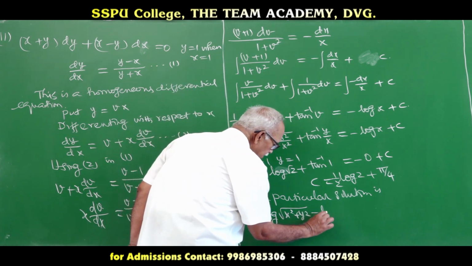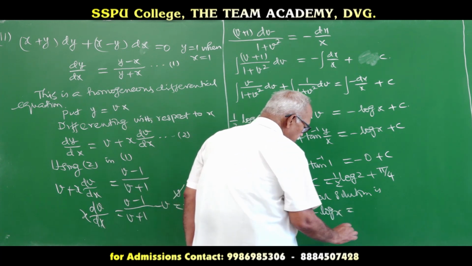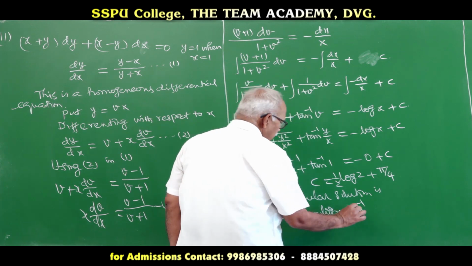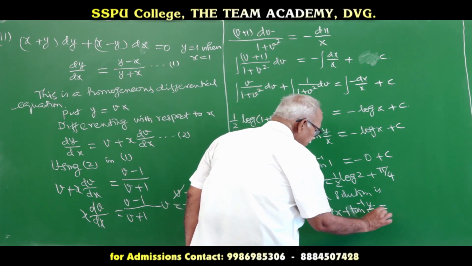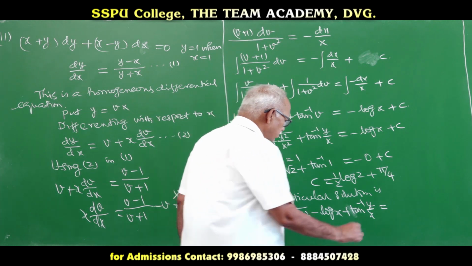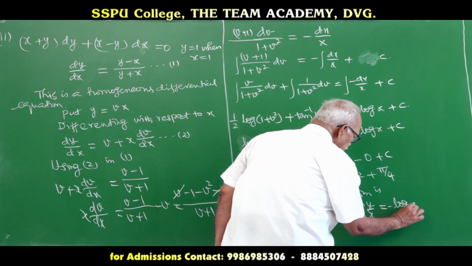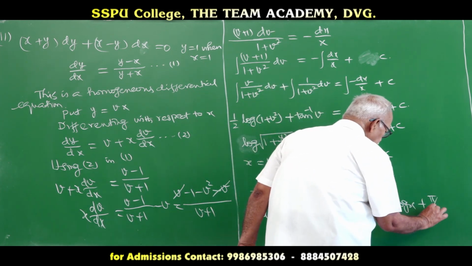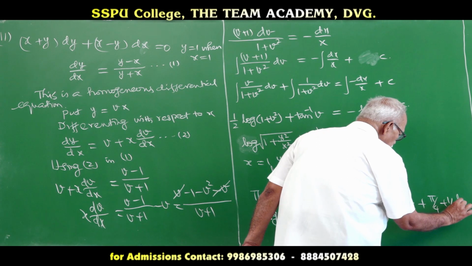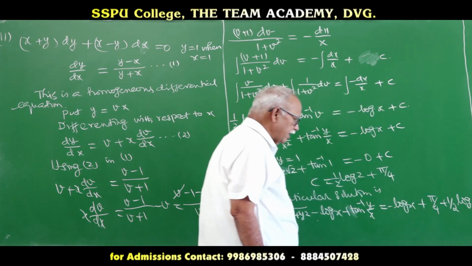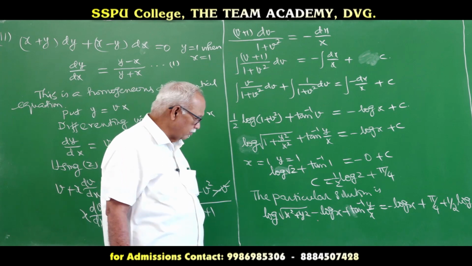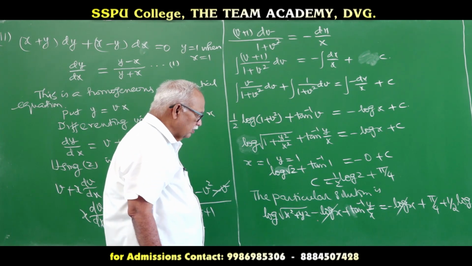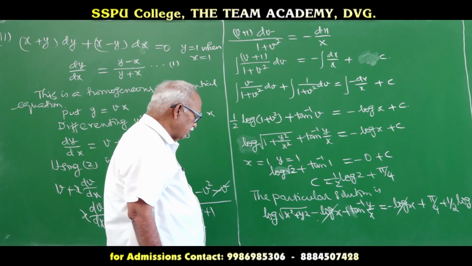So, this can be taken as log x plus tan inverse of y by x is equal to minus log x plus pi by 4 plus 1 by 2 log 2, the c value. The c value is pi by 4 plus 1 by 2 log 2, minus log x cancels. So, that is the required solution.